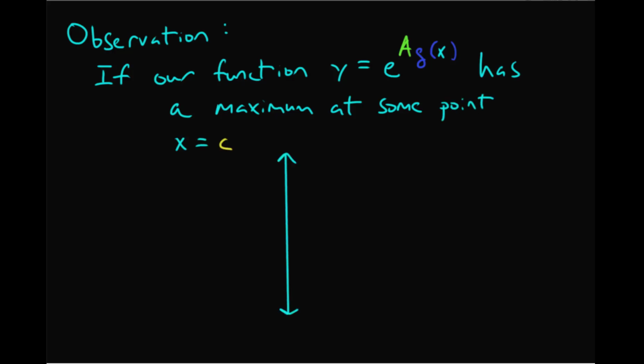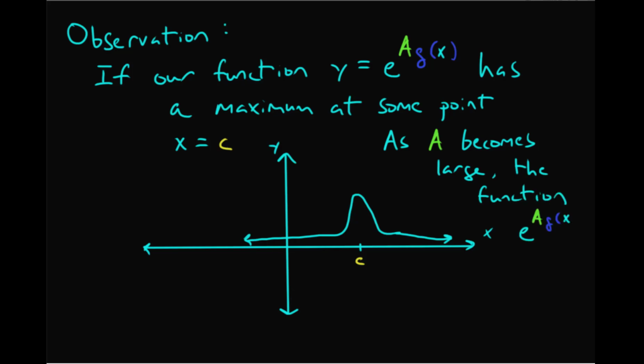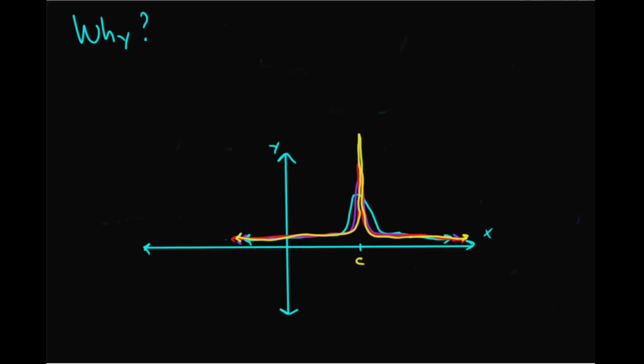And I just want to observe that if our function y equals e to the a times g of x has a maximum at some point x equals c, then as our parameter a becomes larger, the function e to the a times g of x becomes more sharply peaked around c, which actually helps with our integral approximation because more of the values that contribute to the area under the curve are going to be clustered near c, which is the point where the function is best approximated by the Taylor series.